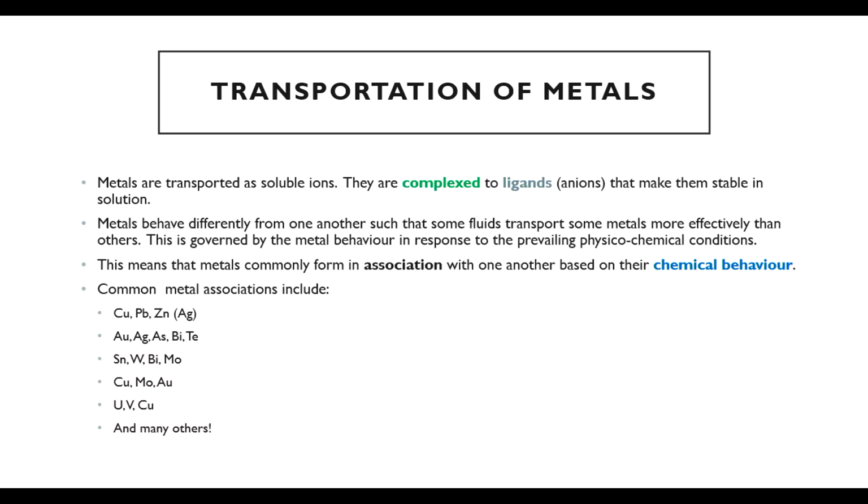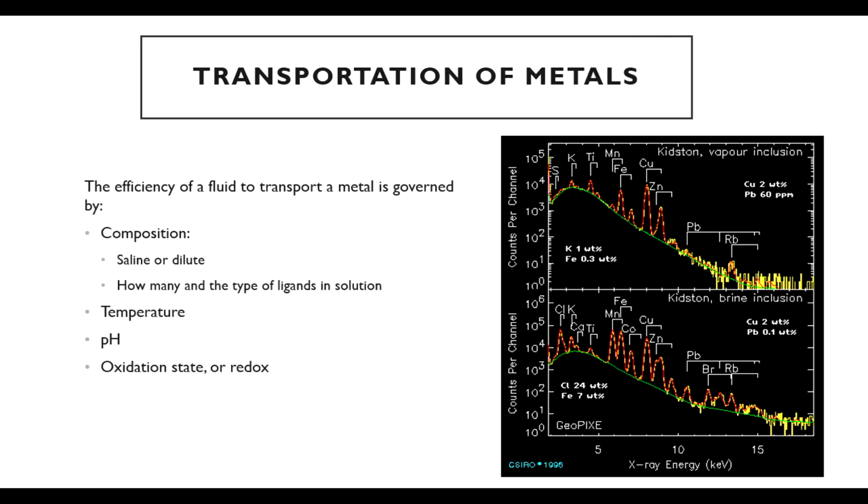It's because they behave in similar manners. Tin, tungsten, bismuth, moly, copper, moly, gold. And so there are various variations on the theme that relate partly to how they're transported, but it's important to know that different metals behave in similar manners, and that can be a very important vector to help guide you, or pathfinder elements to guide you to an ore deposit.